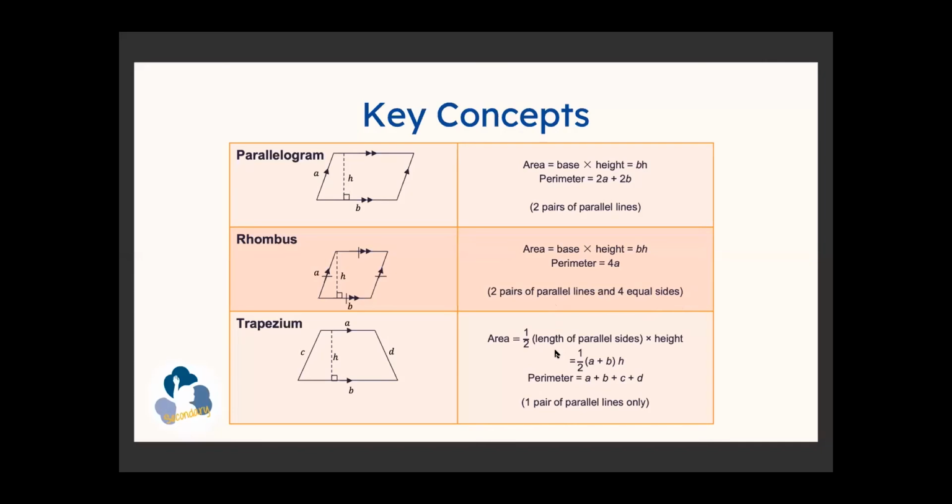Name one as A, the other as B. So half times the sum of the lengths of the parallel sides, A plus B, then times the perpendicular distance between the parallel sides, the 90-degree distance, H in this case.